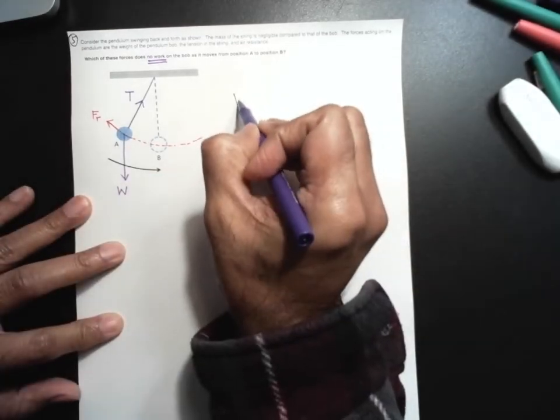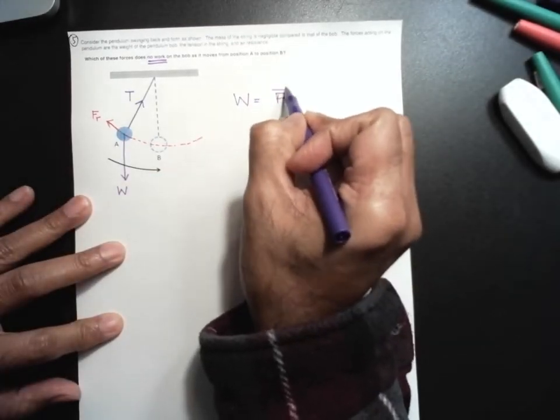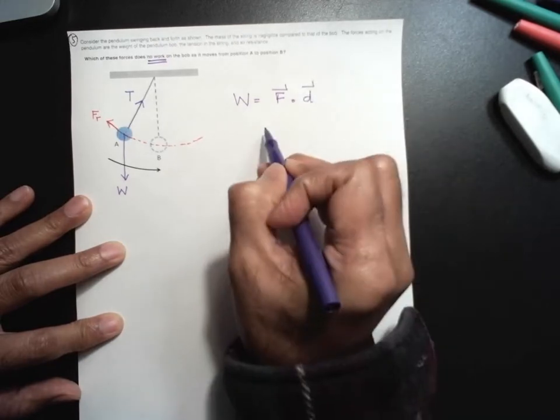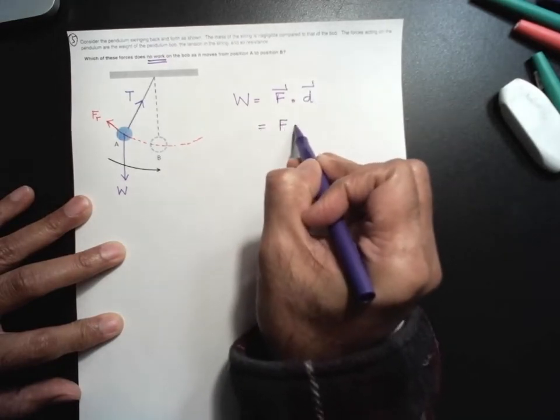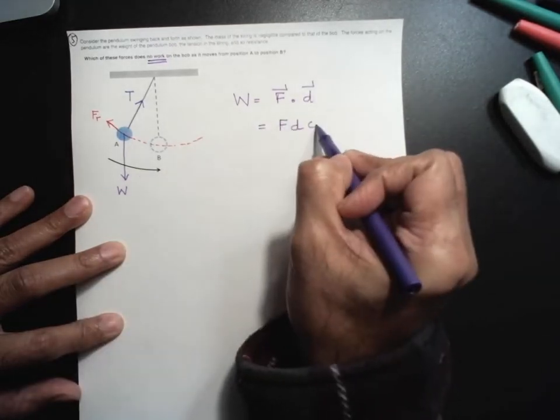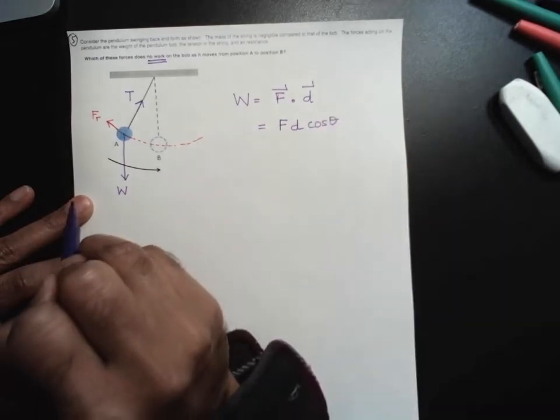So we just said that the work done is force dot displacement, which means the magnitude of the force, the magnitude of the displacement, cosine theta. That's the important thing.